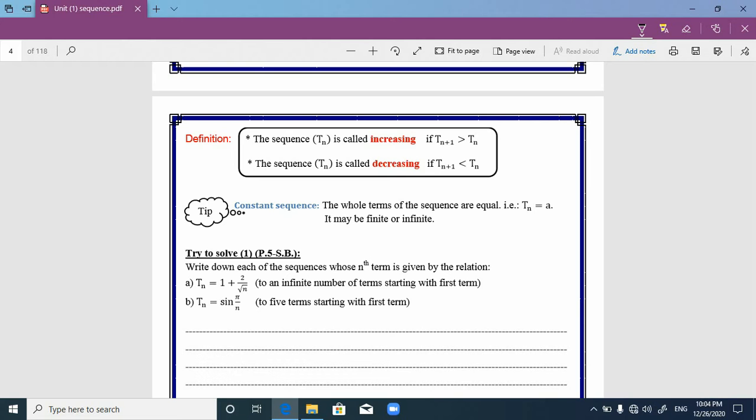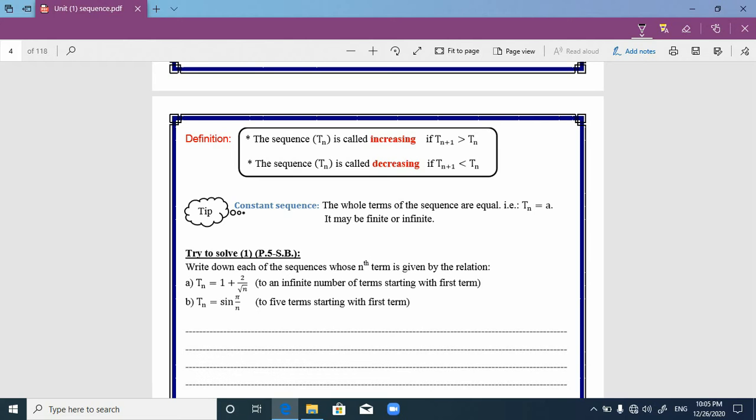And the sequence Tn is called decreasing if Tn+1 is smaller than Tn. For example, T4 is smaller than T3, T6 is smaller than T5. This is called a decreasing sequence.